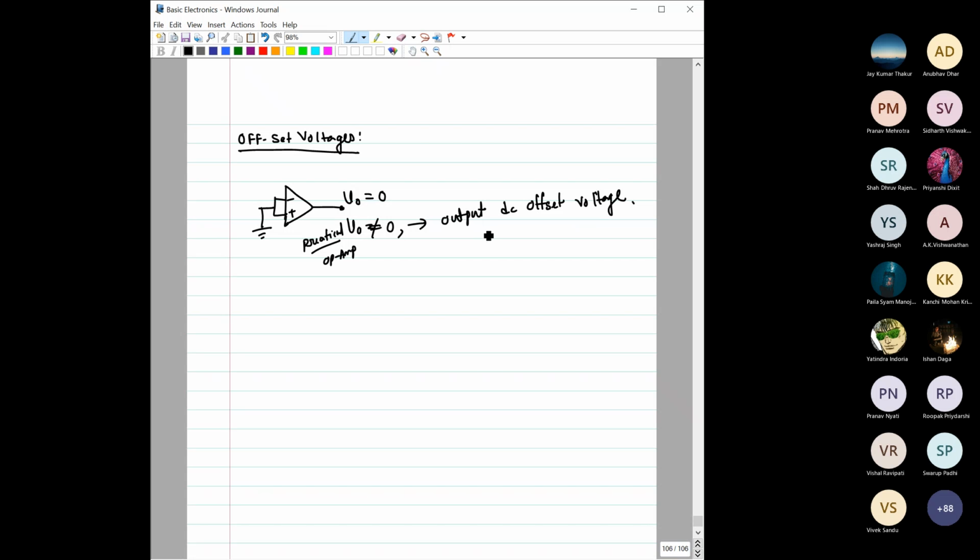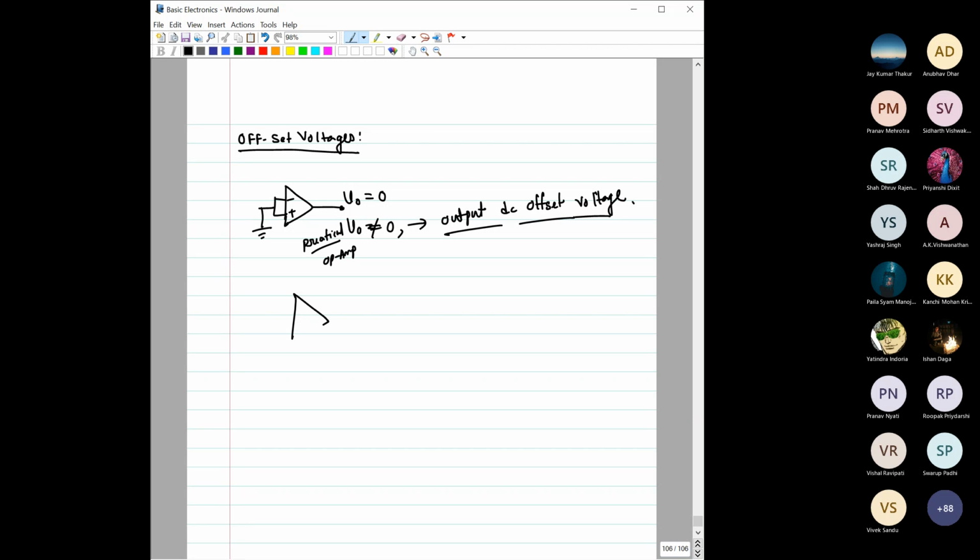Output DC offset voltage is measured when the input is 0 and the device is operating in the open loop condition. Then what is the value of this voltage? This voltage is the output DC offset voltage. This is one of the non-idealities of a practical op amp.